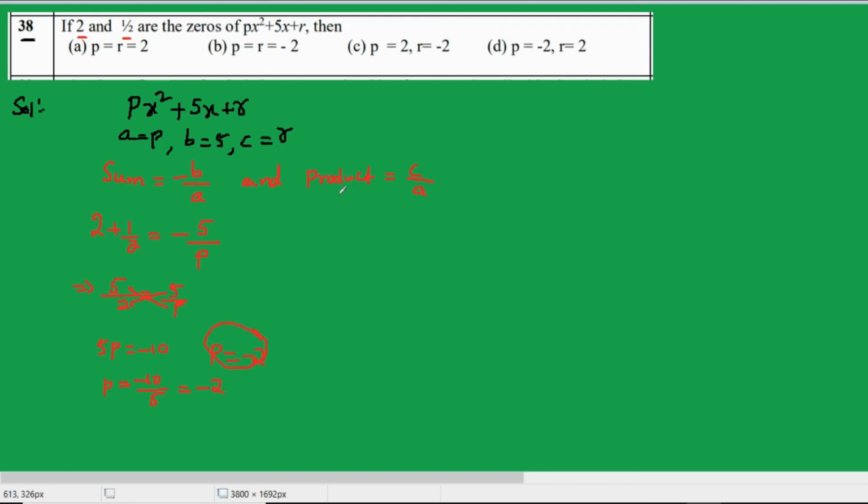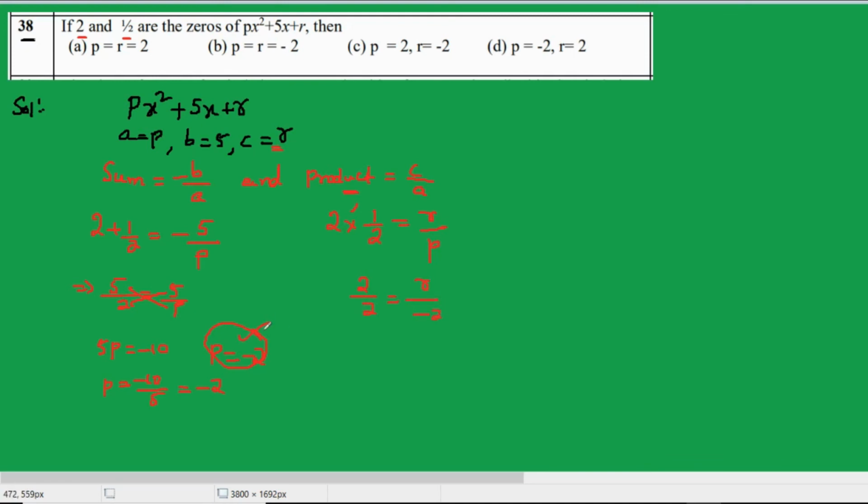Now we'll see the product of the roots. Product of the roots is c by a. Product means multiplication. The two zeros given here are 2 and 1 by 2, and we are multiplying because it is the product. C by a, where c is r and a is p. So 2 into 1 by 2 is 2 by 2, equal to r by minus 2.